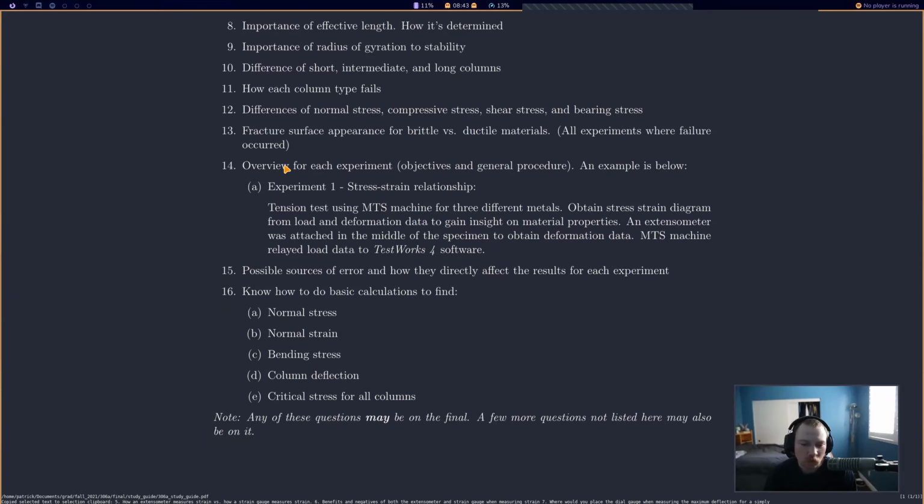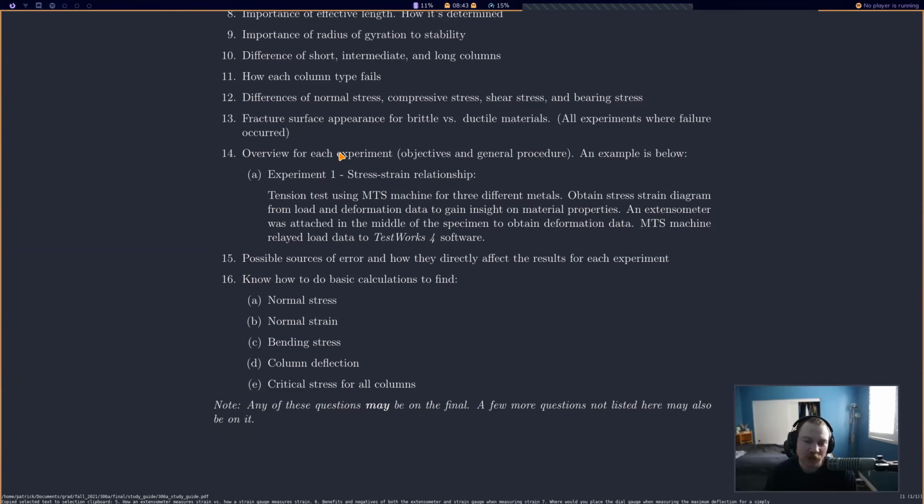Okay, next one is, this is very general here, but I might ask you to give me an overview of some experiments. So basically you need to explain the objectives that we had for said experiment and the general procedure. I give you a very brief example here for experiment 1. Obviously I'm not going to have this be the question now.